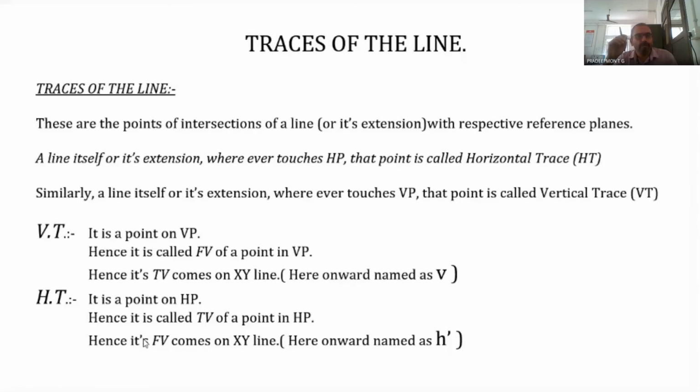And the top view of VT always comes on the XY line. The top view of HT is marked as HT, and since HT is in the horizontal plane, the front view of HT is always marked as H dash. So whenever H dash comes, it is the front view of HT, and whenever small v comes, it is the top view of VT.